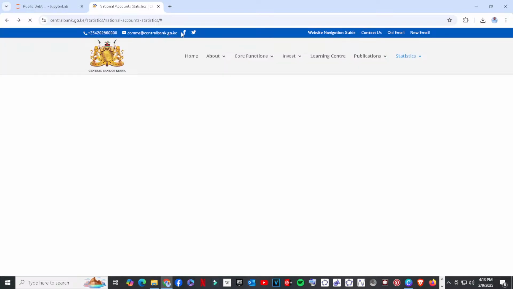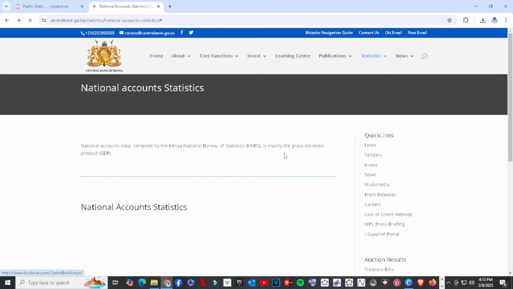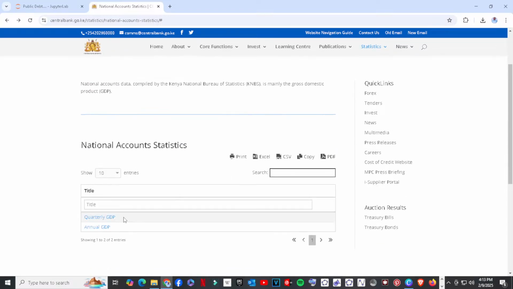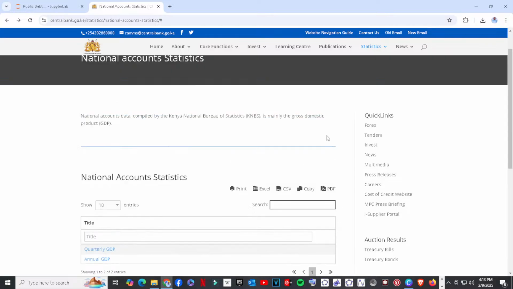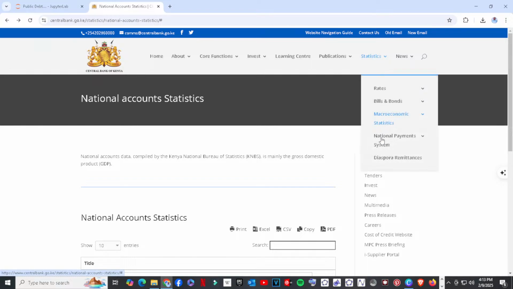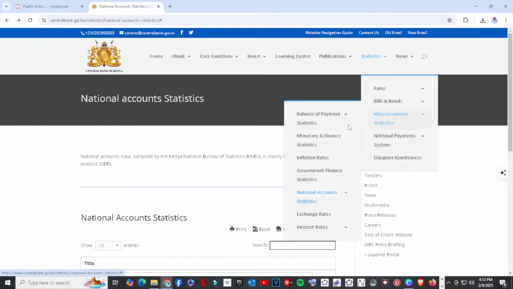Just be patient as we get it. National account statistics gives us annual GDP and quarterly GDP. That's not what I want. Government finance statistics.